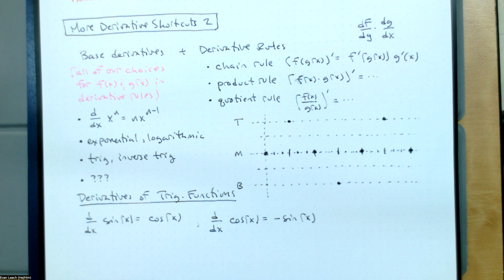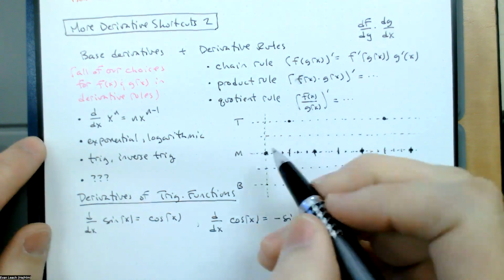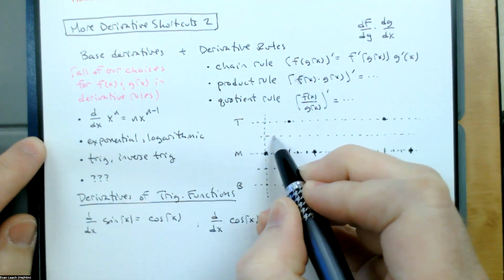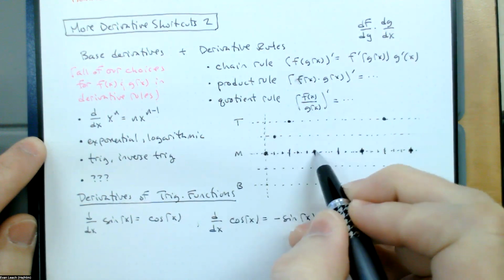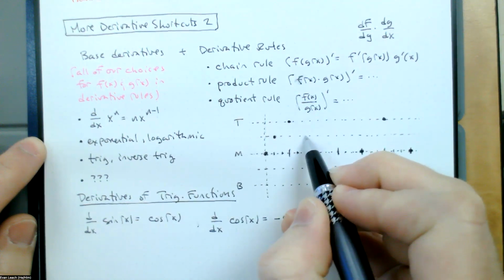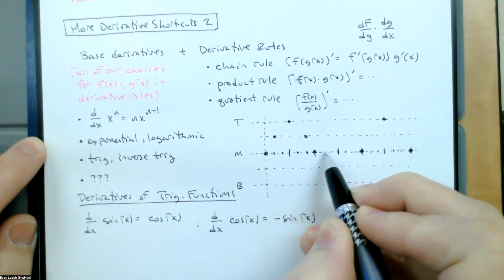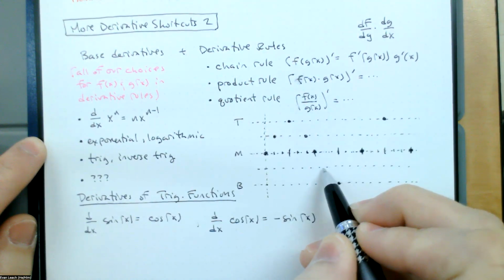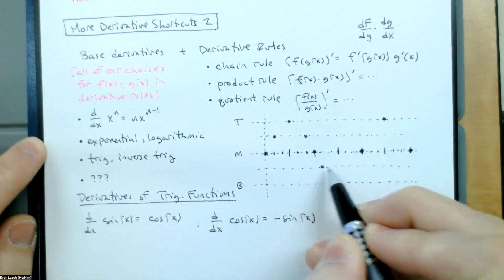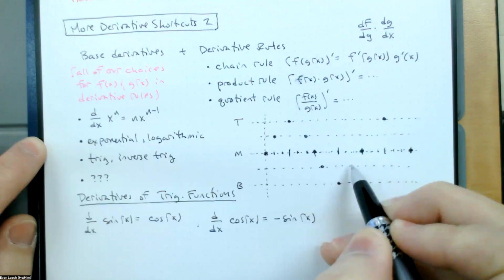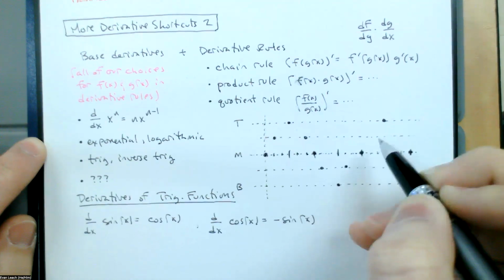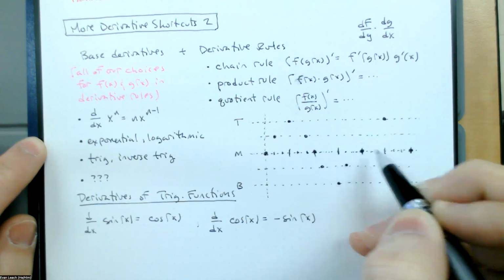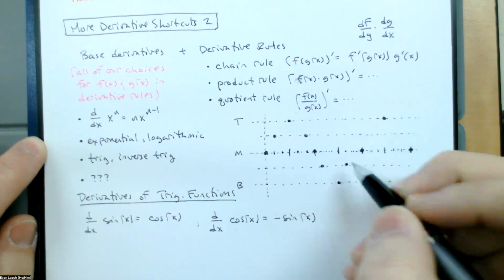One third off the middle is where we get to a half. That's not a middle.